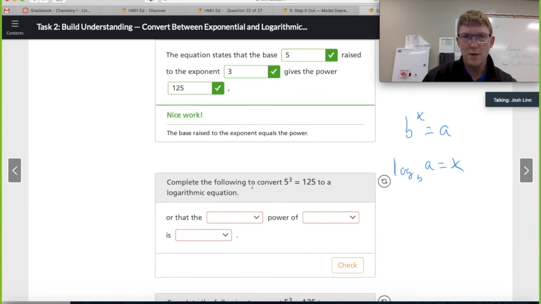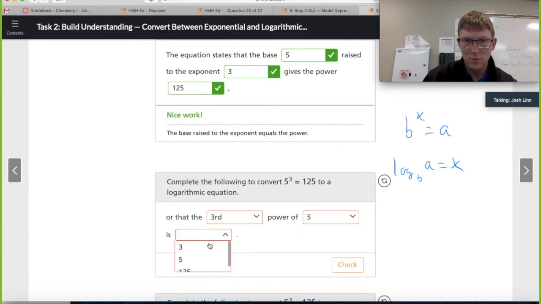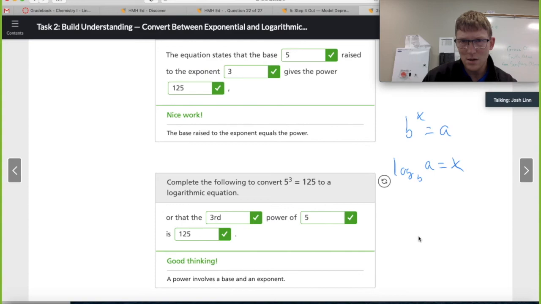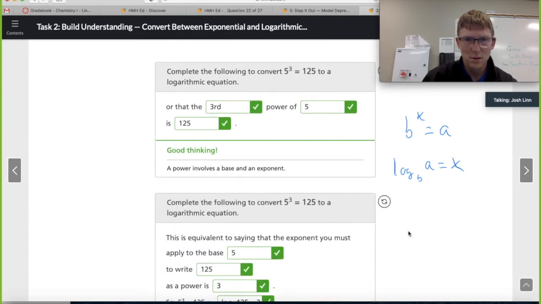So again, this is saying the same relationship, or that the third power of 5 is 125. That's a really bizarre way of saying it. Nobody ever does that.